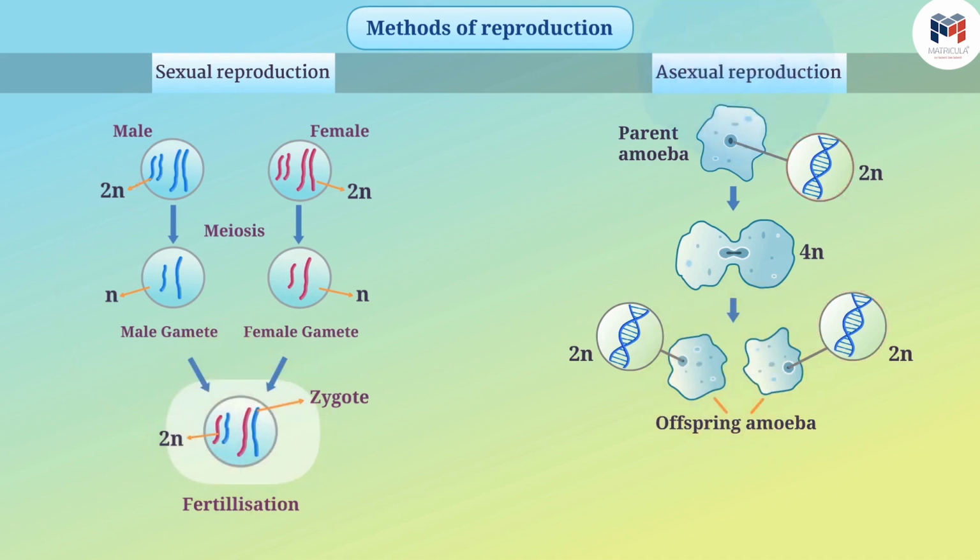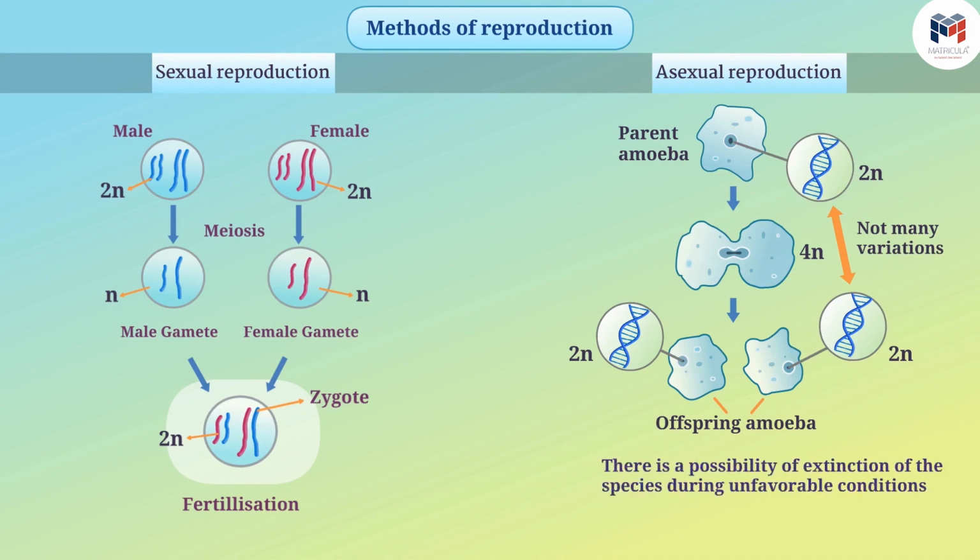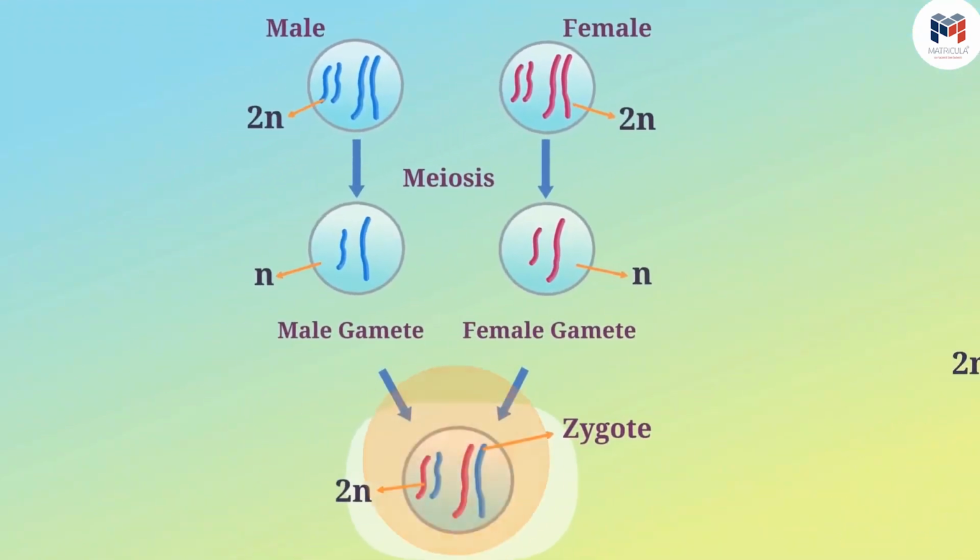In asexual reproduction, offspring is formed from single individuals. Therefore, there are not many variations in the DNA. Due to this, there is a possibility of extinction of the species during unfavorable conditions. In sexual reproduction, the DNA of offspring is produced from the combination of both the parents.